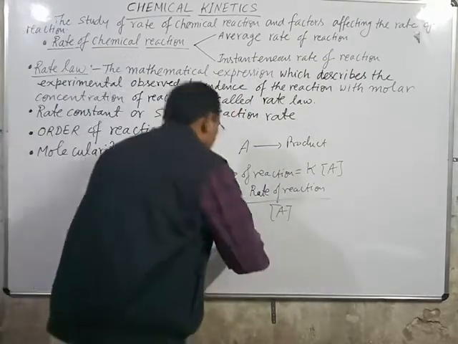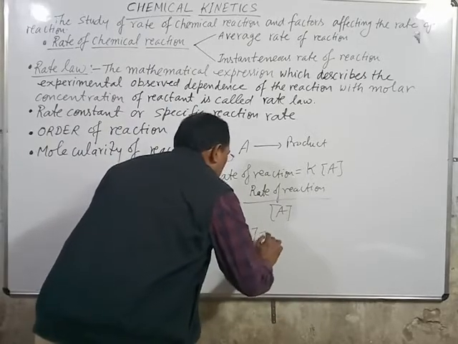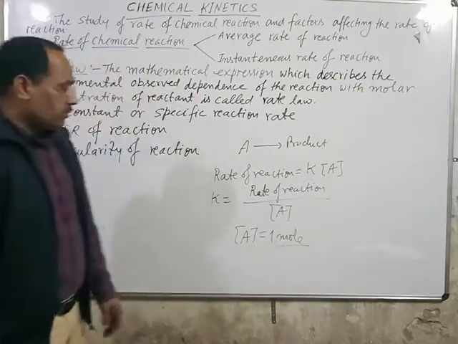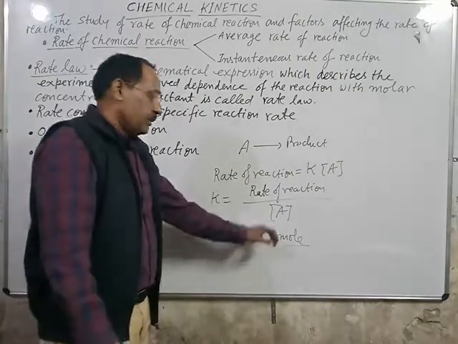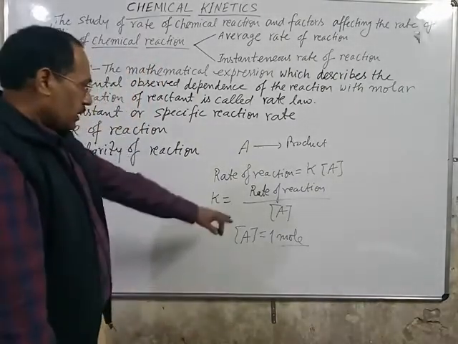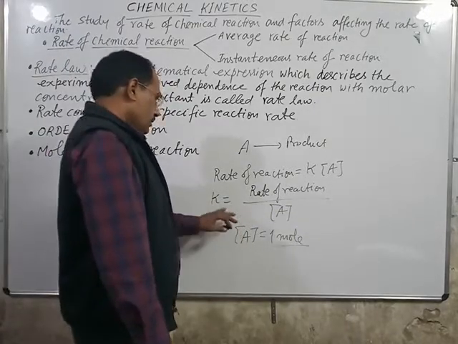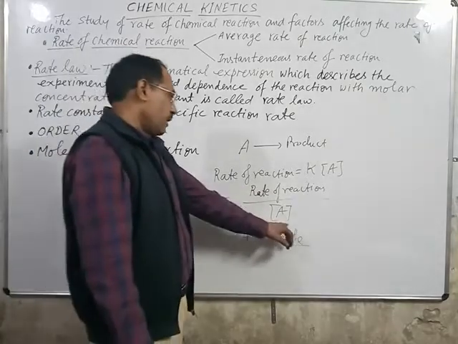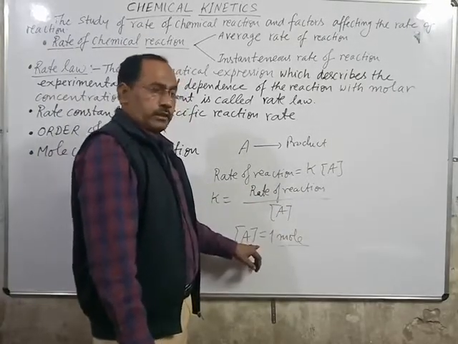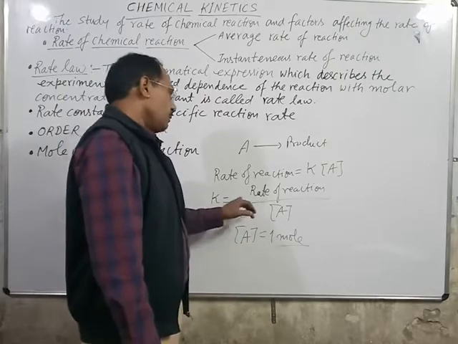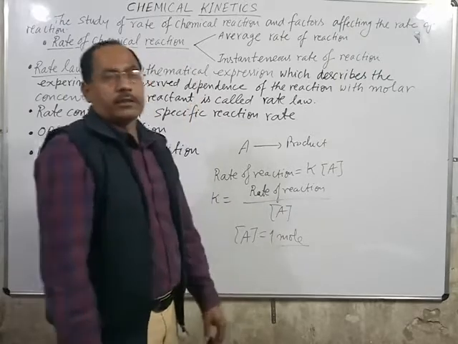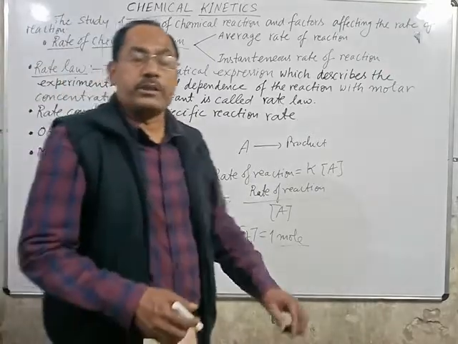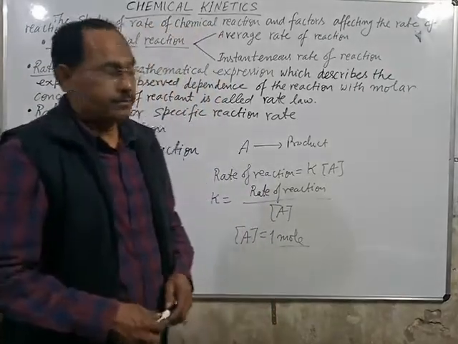If we take active mass of A equal to 1 mole, means unit concentration of the reactant is taken. At unit concentration of the reactant, rate of reaction is called rate constant. When the value of active mass of A is 1 unit, then rate constant becomes equal to rate of reaction. This is the definition of rate constant or specific reaction rate.